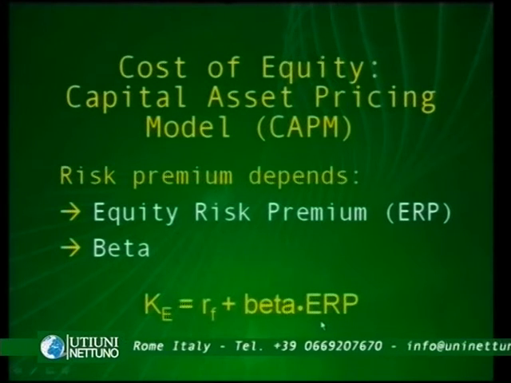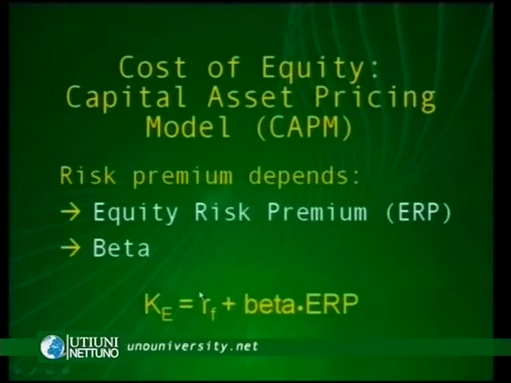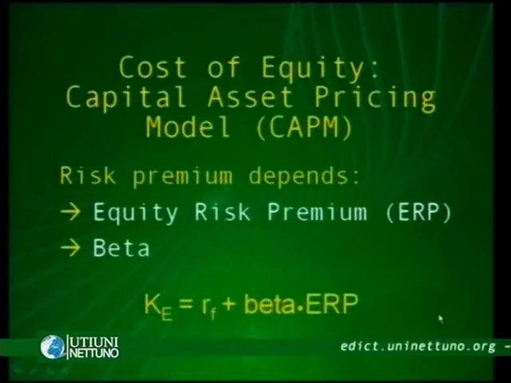It is RF, that is, we remember, the rate of return expected on the risk-free asset, plus the product of beta and ERP that we'll describe in a moment. So once these three parameters, RF, beta, and ERP, have been estimated, and then we'll have a brief discussion about that, we can easily calculate the rate of return that in equilibrium an equity holder is expecting from his investment in our project.